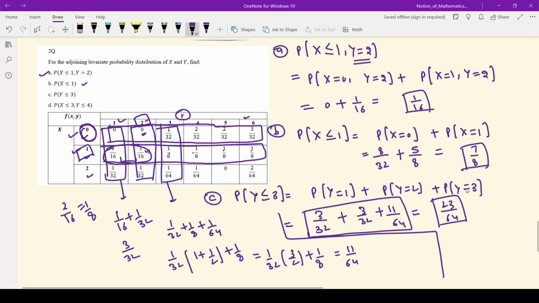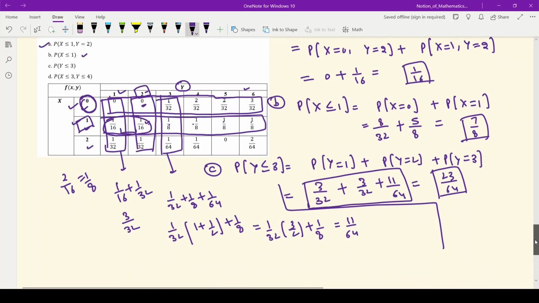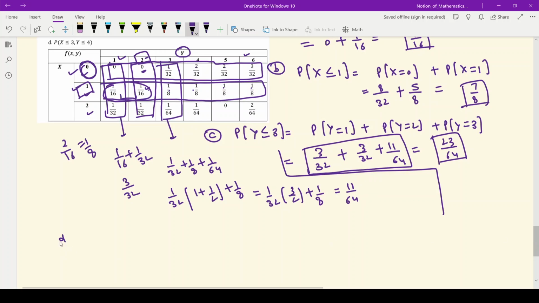Now thereafter, the last part of this particular question, the D part: probability of x less than or equal to 3 and y less than or equal to 4. If we try to understand, x has the values 0, 1 and 2.